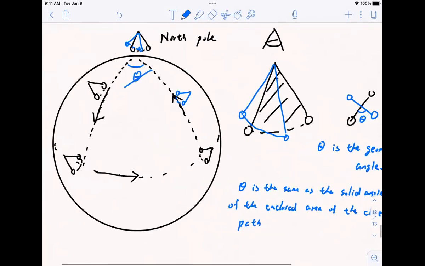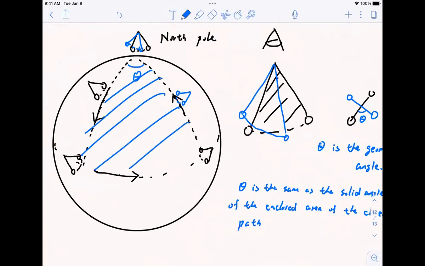That is this part. This part has a solid angle. That solid angle is the same as the rotation.